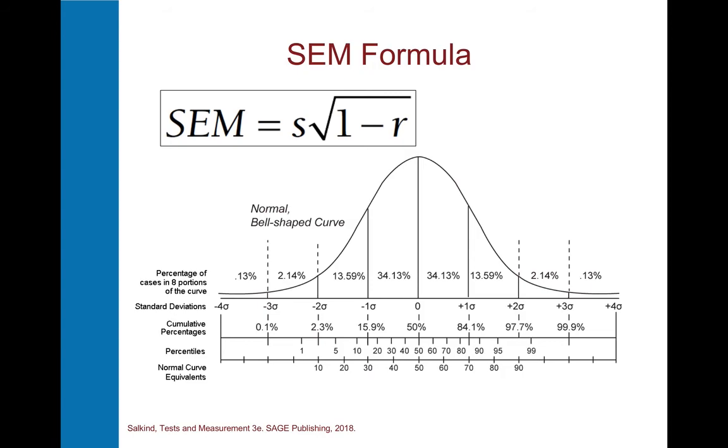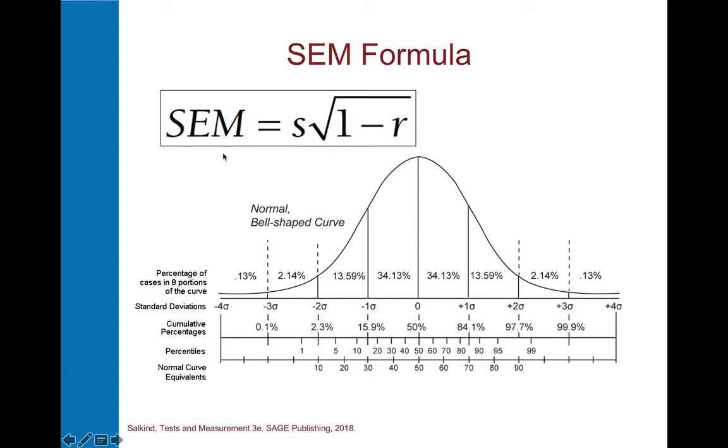One thing that I want to bring your attention to in regards to the SEM formula is that as your reliability goes down, your SEM value is going to go up. So what does that tell us? Basically, you would want to use a reliable test, because when reliability increases, SEM goes down.